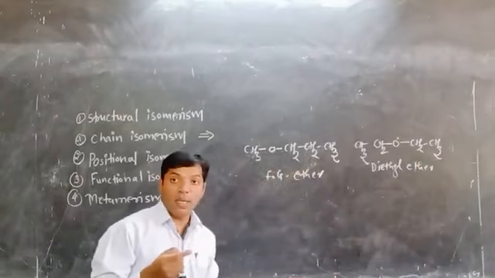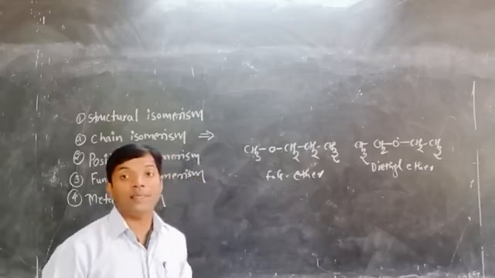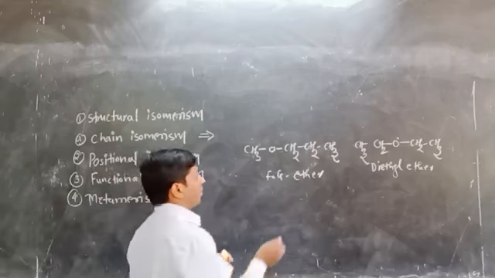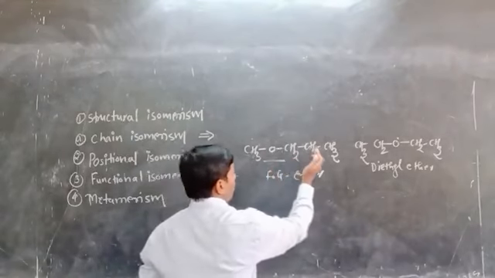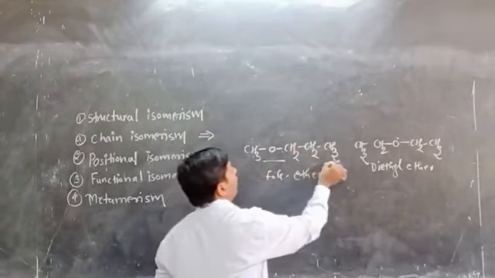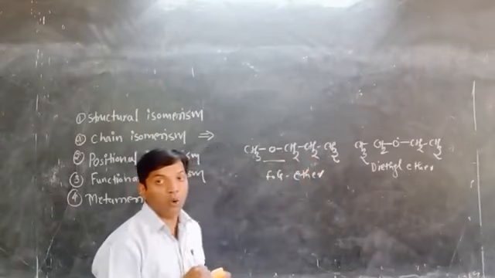So what is metamerism? I said the distribution of alkyl groups around the functional group is different. See here, in this case, this is the ether functional group. If you see the left hand side, here you will find 1 propyl group, 3 carbon atoms.